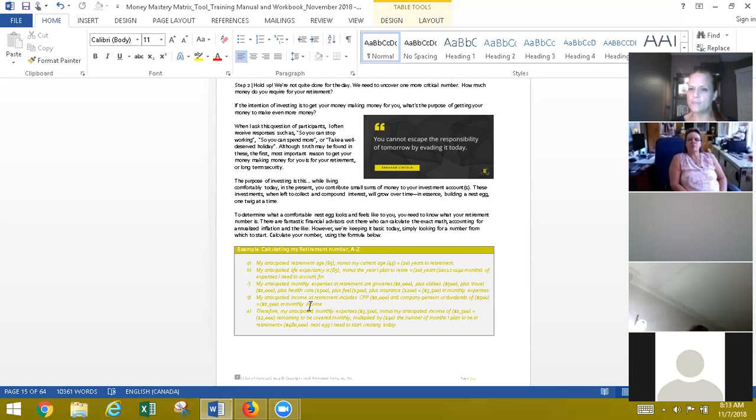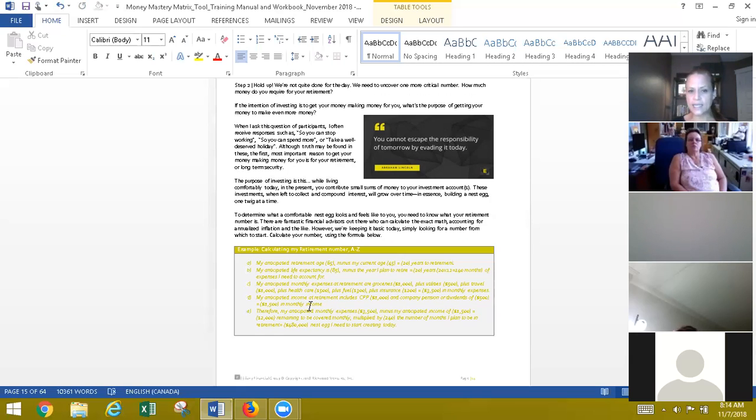So if our expected retirement age is 65 and you're expecting to live to 85, you're going to have to tell us what that number is, how long you expect to live. But if you're expecting that you've got 20 years now to take care of, financially, we're going to take that 20 years times 12 months, which is going to show us we have to account for 240 months of a budget to make sure that we're taken care of.